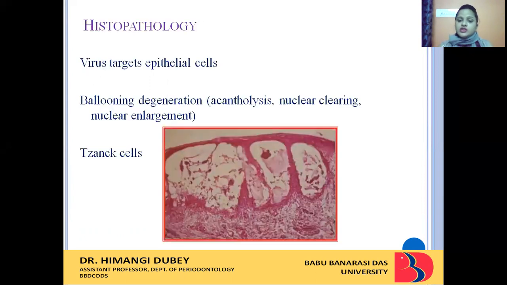Next, coming on to the histopathology, the virus targets the epithelial cells, which show ballooning degeneration consisting of acantholysis, nuclear clearing, and nuclear enlargement. The cells are called Tzanck cells.